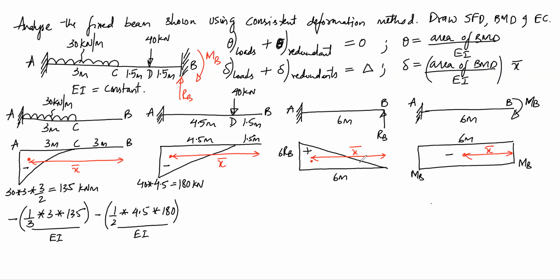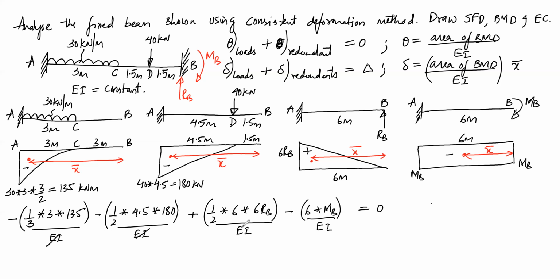And for the third BMD, it will be plus half into base into height divided by EI. And for the fourth BMD, it is rectangle, so it is minus 6 into MB divided by EI. This is equated to 0.